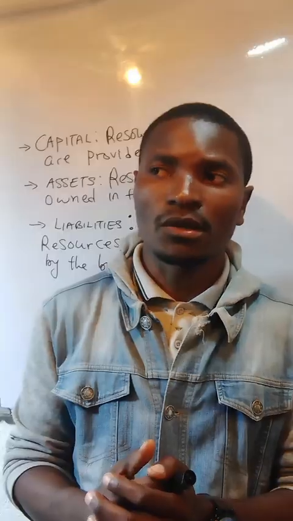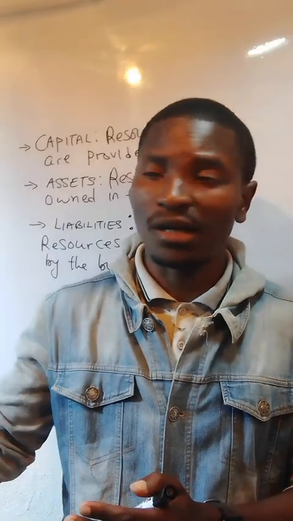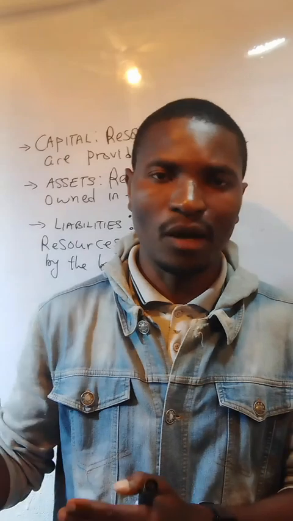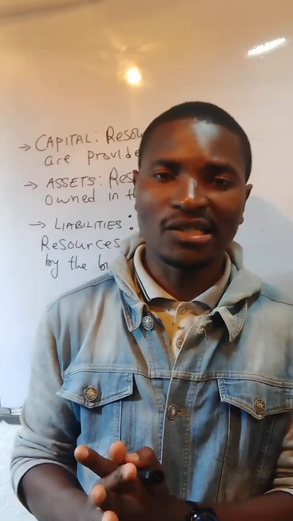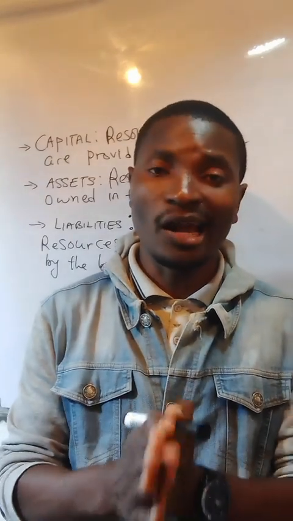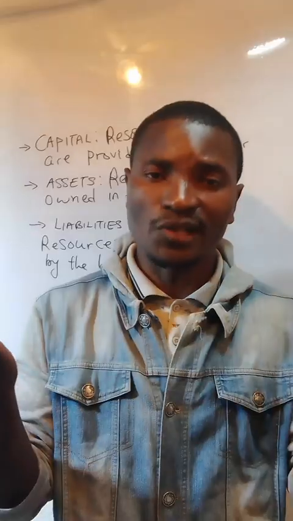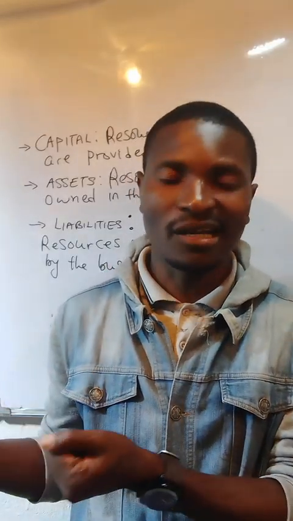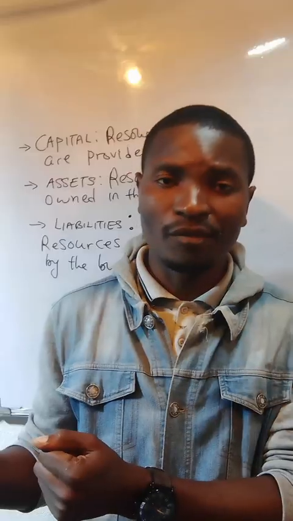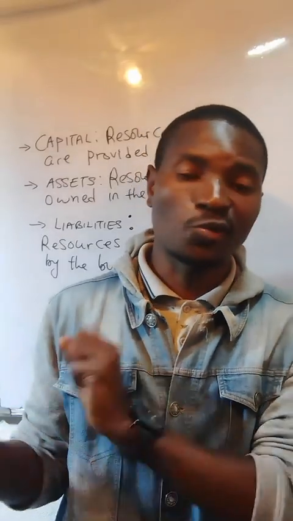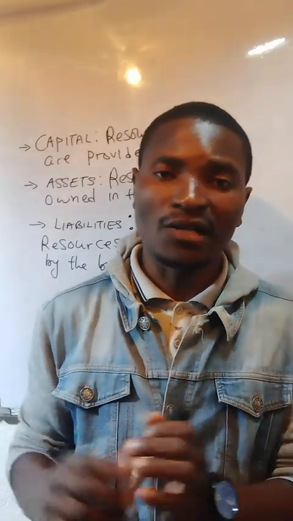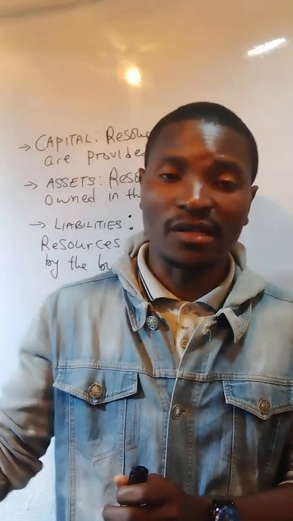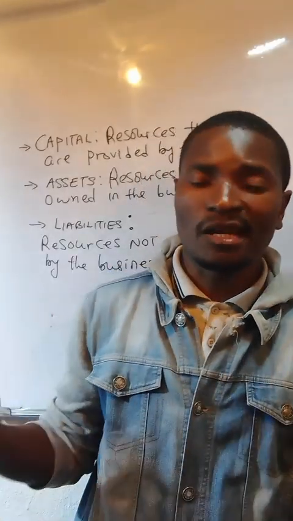So you might run to the bank, run to an individual, run to your family member, or anyone else that could come on board and help you to sustain the business. So that is a liability, meaning the company is liable to pay that. It is responsible for that particular source of resources that has been financed outside the business.